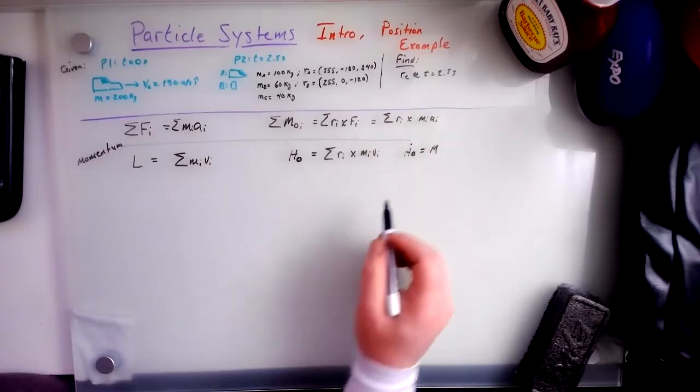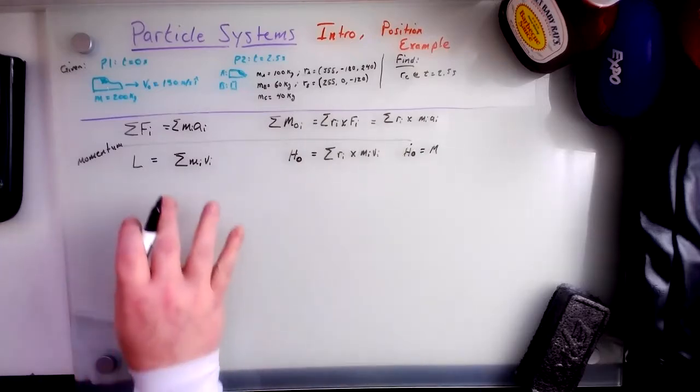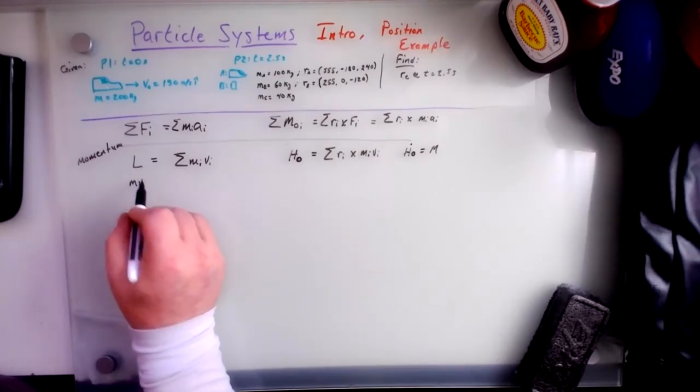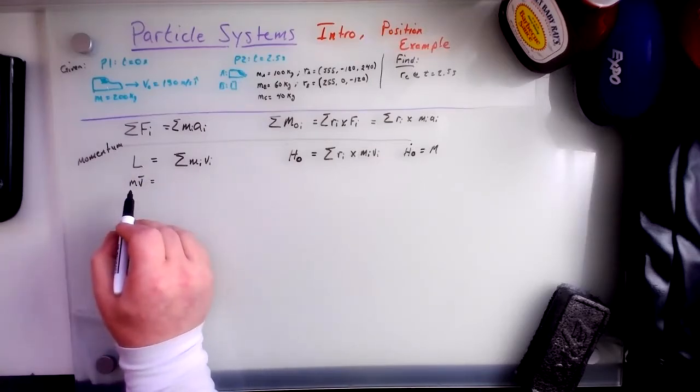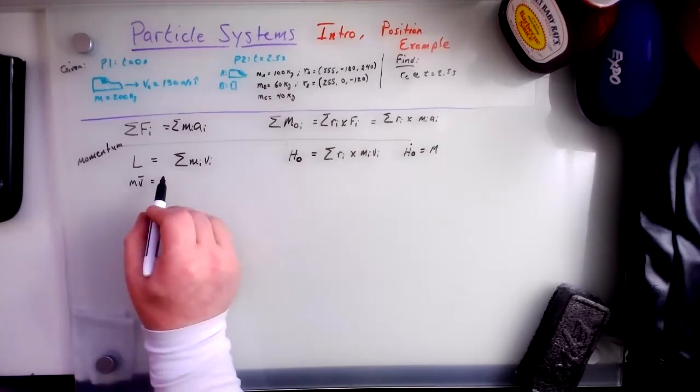So there is this one-to-one relationship. And you can imagine here mv, the total mass and the velocity of the midpoint is going to give us the same thing.